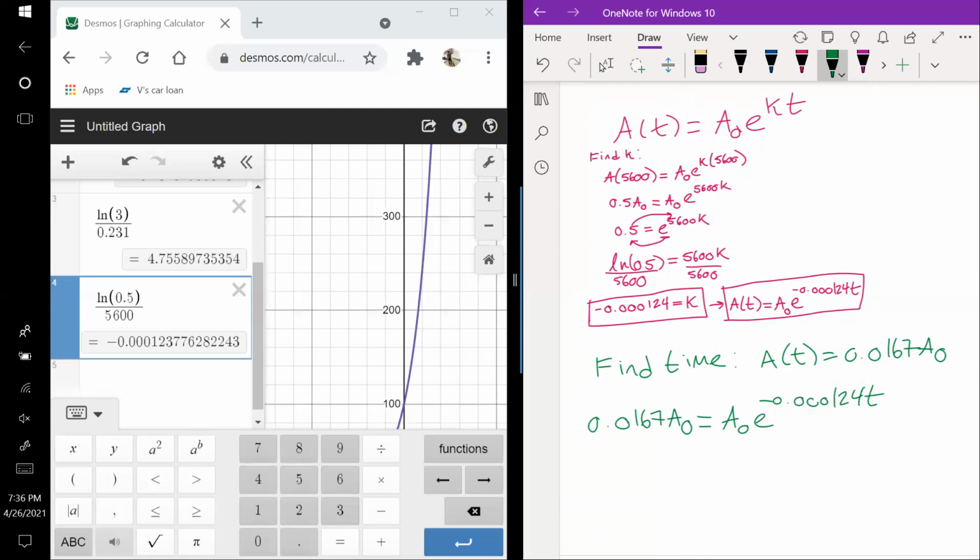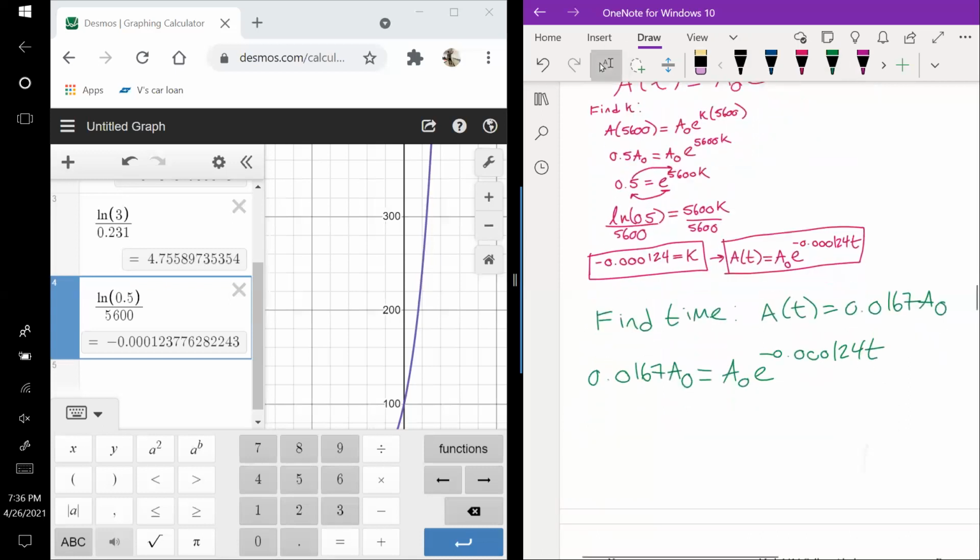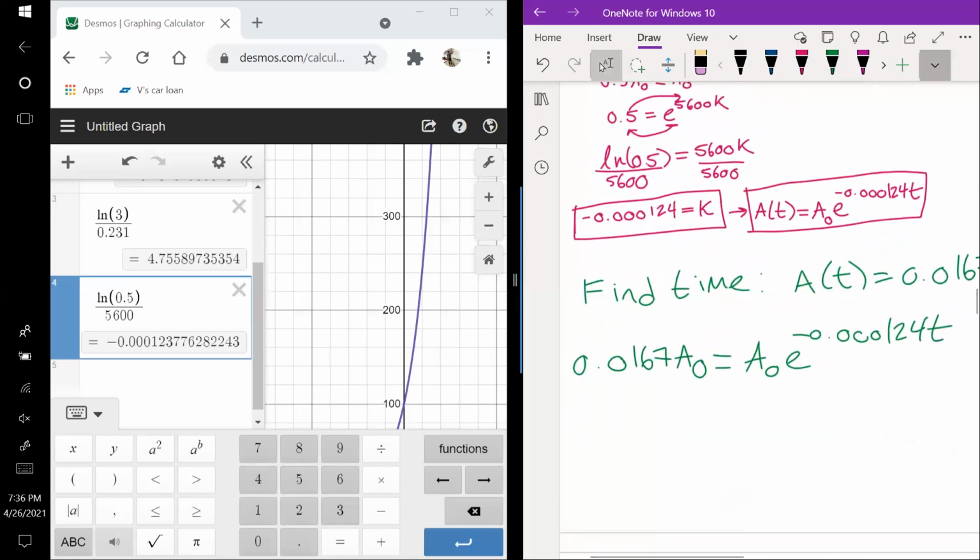And now, just like we've been doing, let's go ahead and solve for t. You'll divide by A initial, which will leave us with 0.0167 equal to e to the negative 0.000124t.